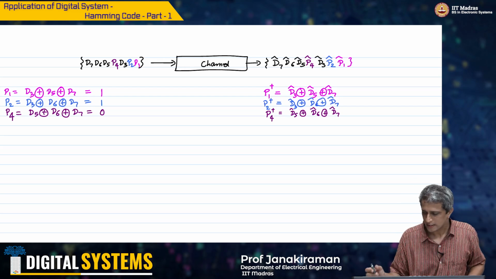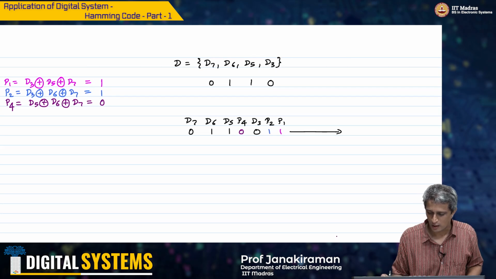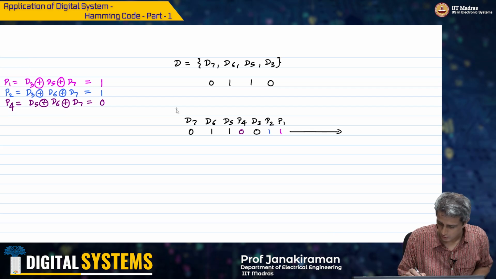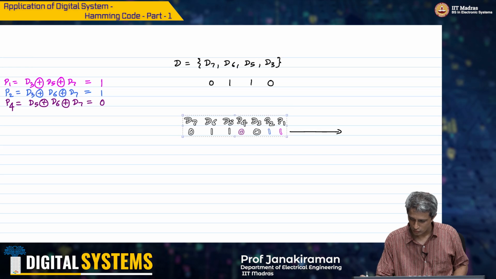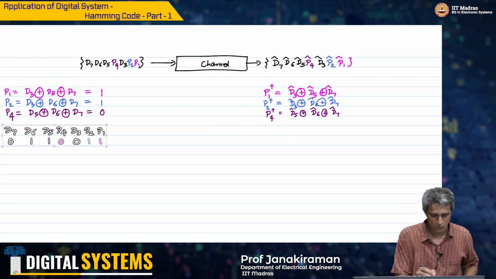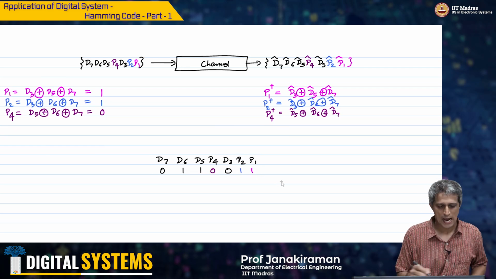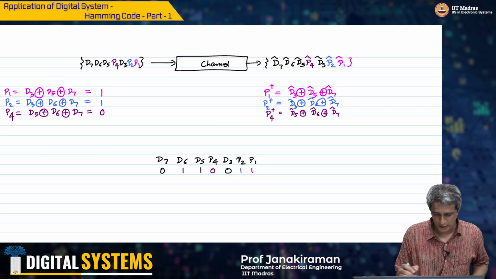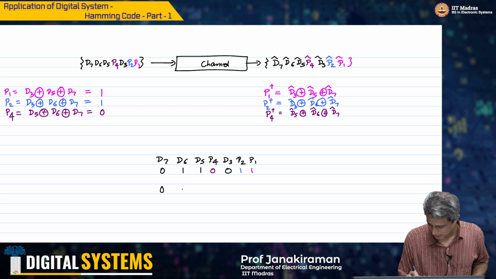Okay. So let us see the example again here. What is the bit pattern that we sent? Let's also take this to the other page. This is what I have, and I am saying that among the bits that were transmitted, only D5 happens to be in error. That means D7 is correct.